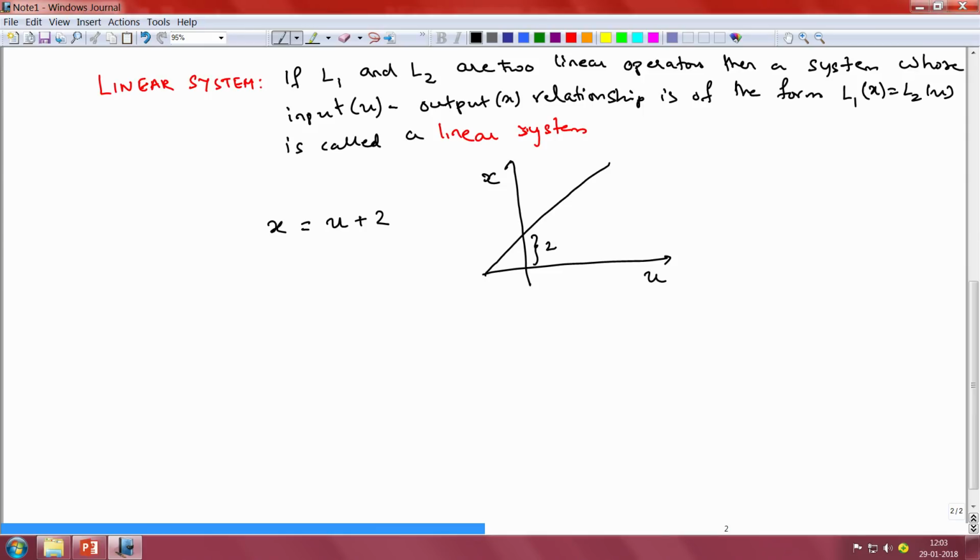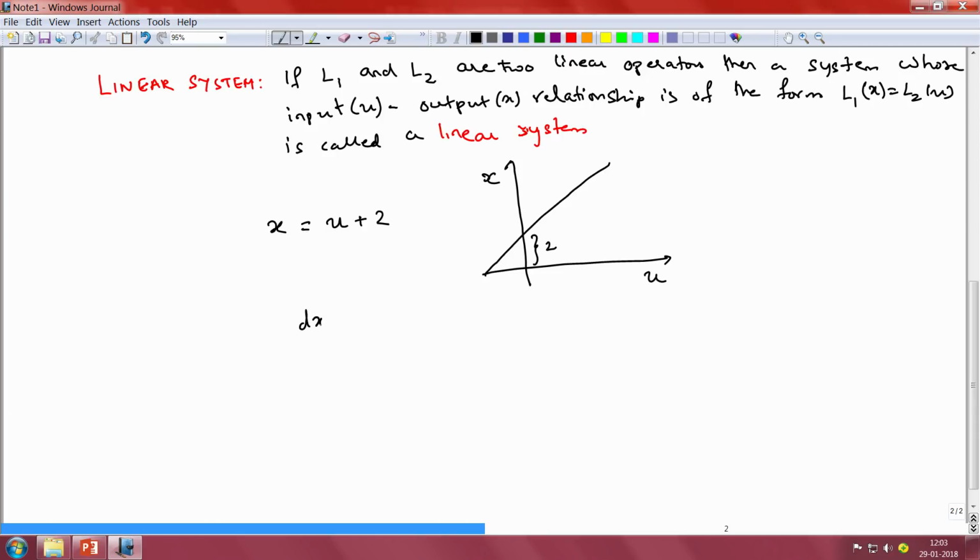Now, in this case you see that the input output relationship is a straight line, but if you were to strictly apply the definition of a linear system to verify whether this input output relationship constitutes one of a linear system or not, you would conclude that it does not constitute a linear system because it does not satisfy either additivity or homogeneity.